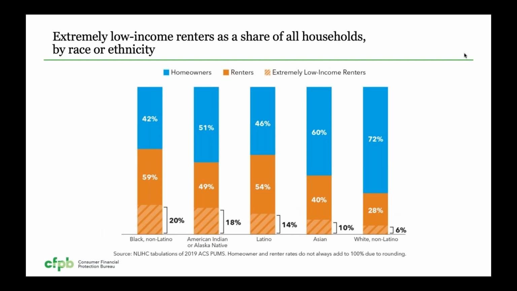Now I'm showing you a graph talking about that group of extremely low income folks as a share of all households, whether homeowners or renters, and in the shaded areas, the extremely low income renters in particular. Looking across each column, a different demographic, you'll see that Black, American Indian or Alaskan Native, and Latino households are more likely than white households to be extremely low income renters.